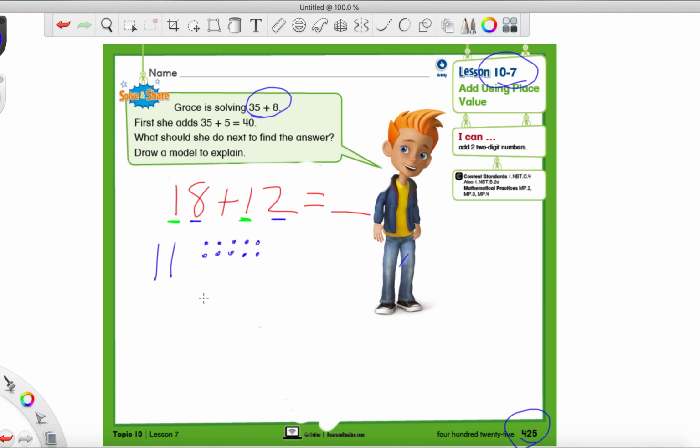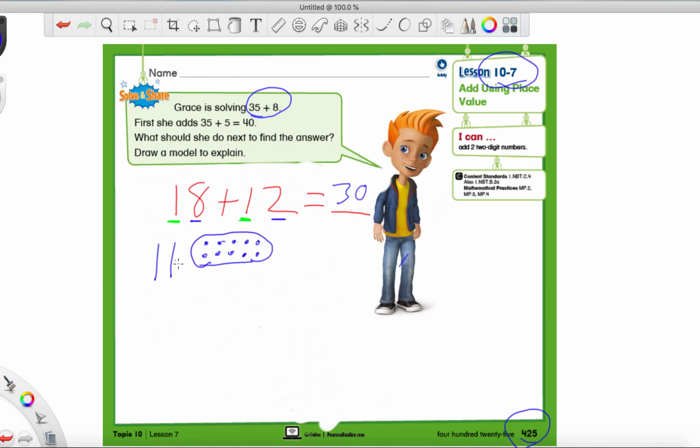All right, and now we're going to make a group of 10. So we already know that there's 1, 2, 3, 4, 5, 6, 7, 8, 9, 10. All right, so now we have 3 10s. And we know that 3 10s makes 30.